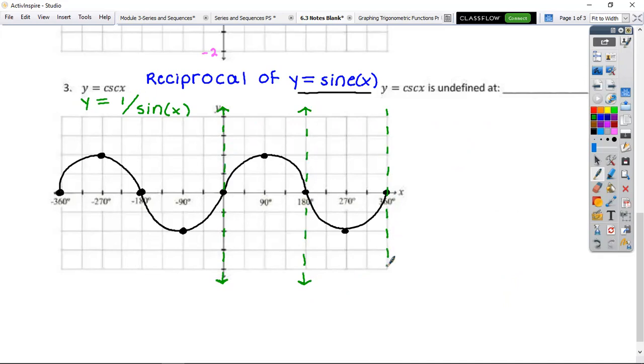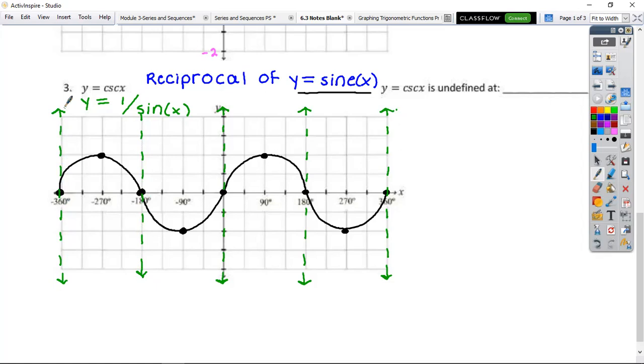And I'm going to go back on the left-hand side as well. And I'm going to go negative 180. And negative 360. And those are going to help you sketch your graph in a moment.